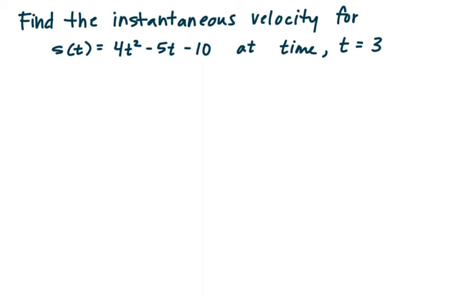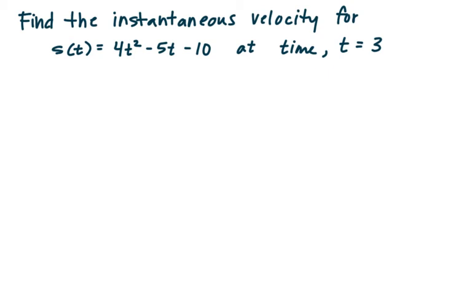What I want you to recognize is that velocity is a rate of change. I know we've mentioned this previously, but we use s for our position function. So this gives us our location, and then velocity by using this limit formula. We're going to find that rate of change, or the velocity at which this object at some position at time t is moving. So let's go ahead and apply our definition.